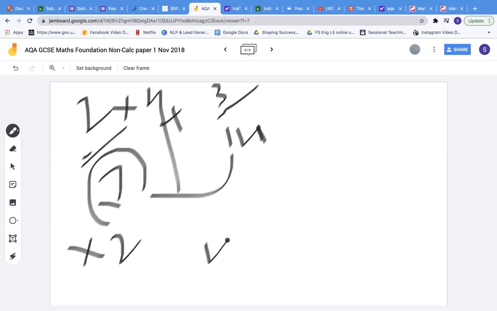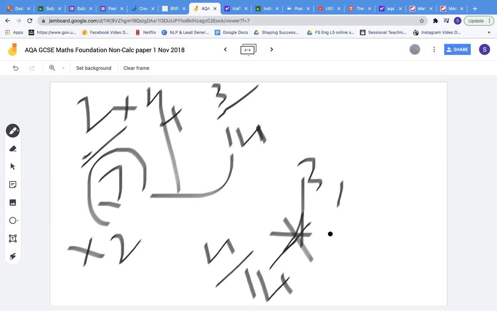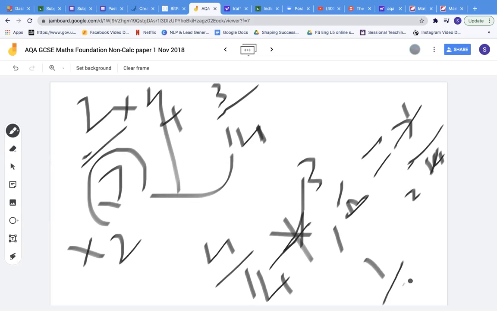That becomes 4 over 14, add 3 over 14. That gives you 7 over 14. And remember, 7s can go into 14 twice. So your final answer is a half.